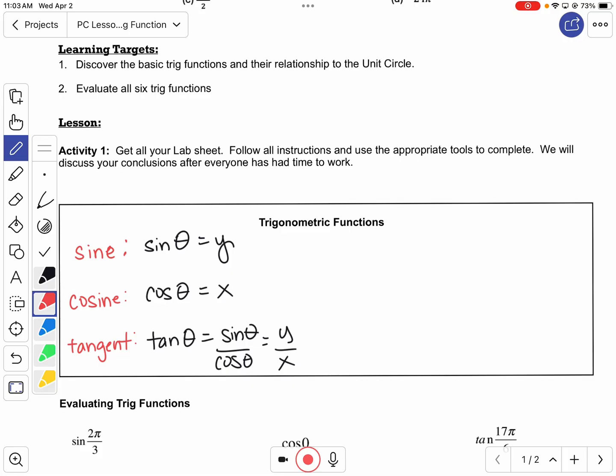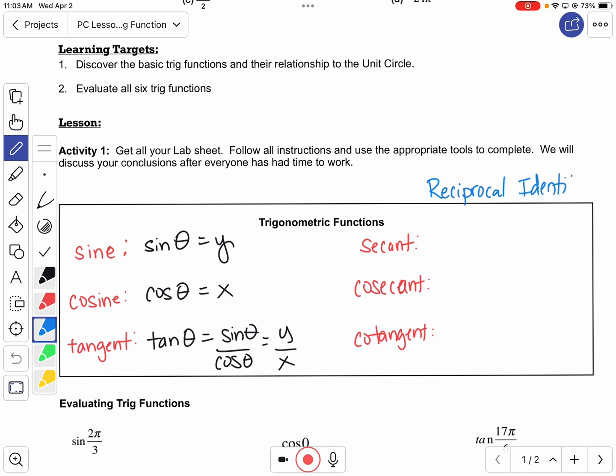So we have secant. We have cosecant. And we have cotangent, all right? Now, collectively, these are referred to as reciprocal identities, okay?